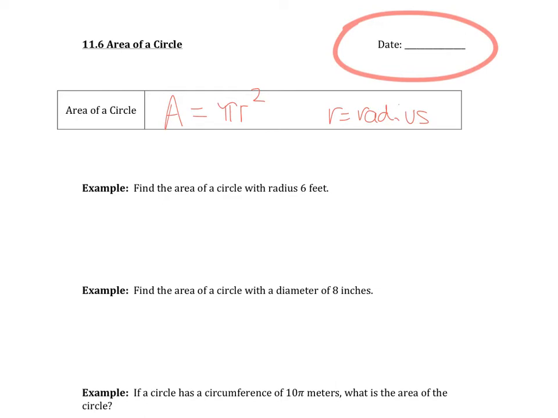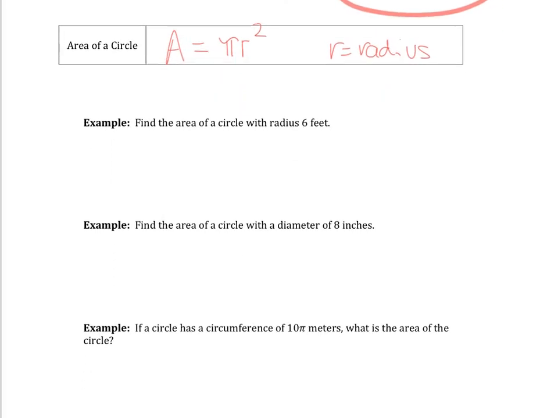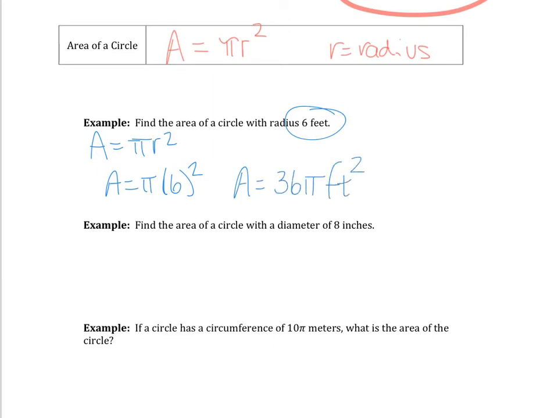All right, so we're going to start moving into examples here. Find the area of a circle with a radius of 6 feet. Just going to go ahead and start with the formula. Area equals pi r squared. I have my radius here, so I'm going to go area equals pi times 6 squared. Again, we're going to talk about exact and approximate. My exact answer, area would equal 36 pi feet squared.